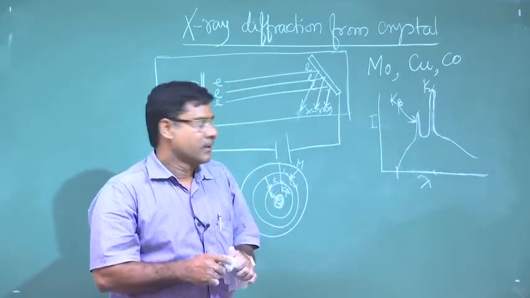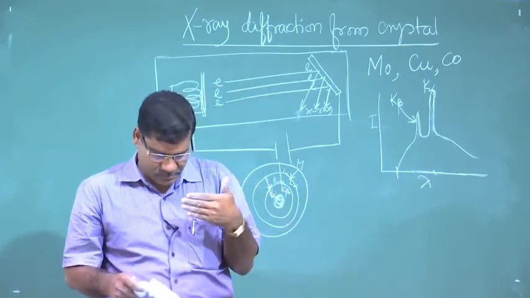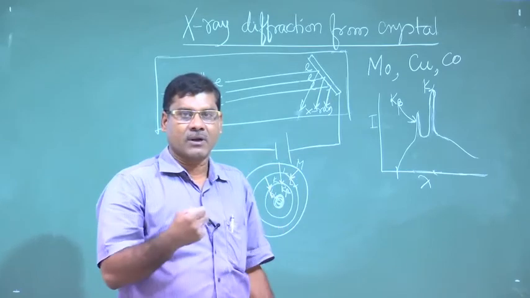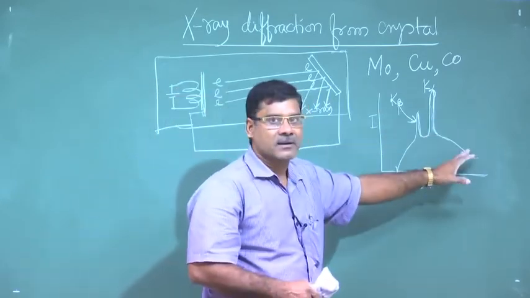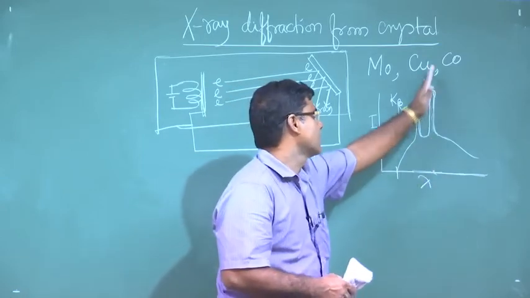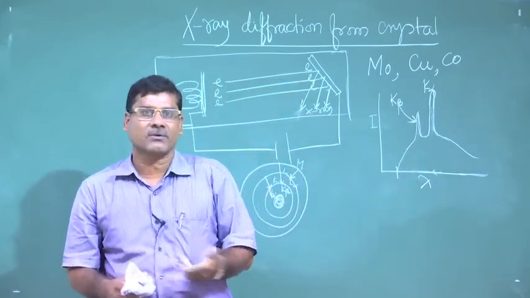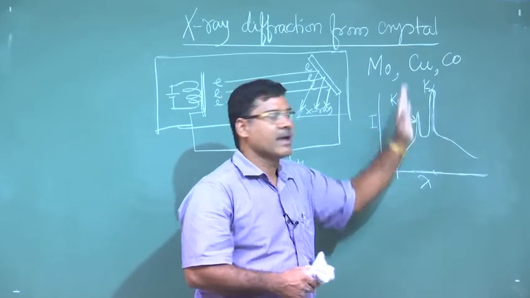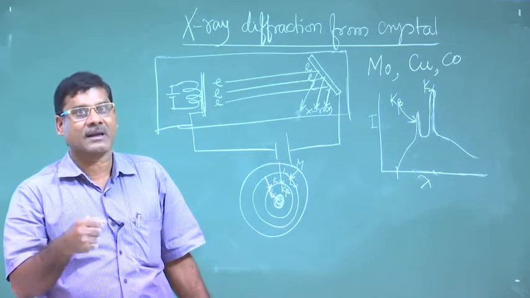So if one wants to choose a particular wavelength of X-ray from this X-ray spectra, we should prefer to choose this K alpha. If the target is copper, we say copper K alpha, copper K beta, right. Copper K alpha again has two components, K alpha 1 and K alpha 2.